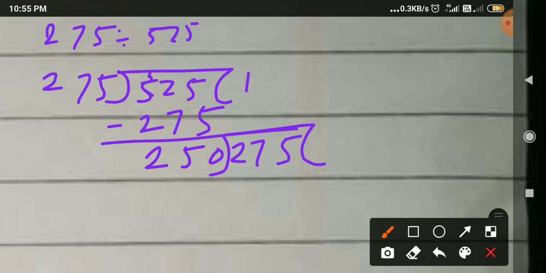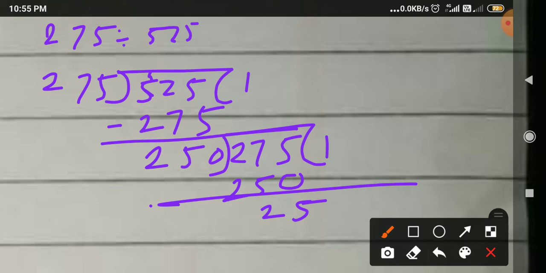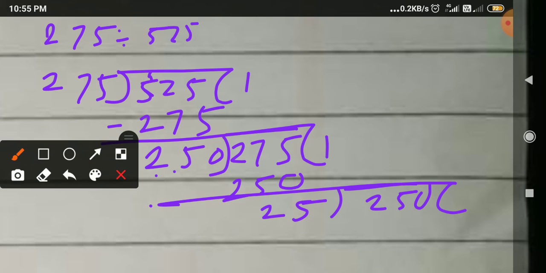Now 250 ones are 250, because if we multiply it you will get more, around 500. So if you do the subtraction, you will get 25 at this place, and this 250 we have to write here. You know that 25 tens are 250 and the remainder is 0.